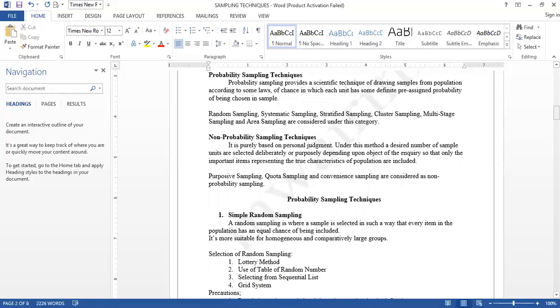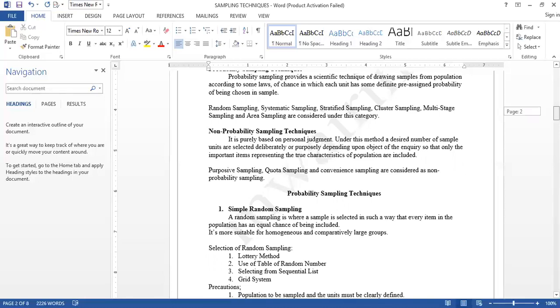The non-probability sampling techniques include the following. We have the purposive sampling method. We also have the quota sampling method, and the convenience sampling method, the most important methods that we'll study as far as non-probability techniques in sampling are concerned.